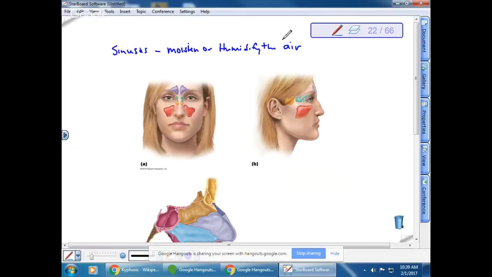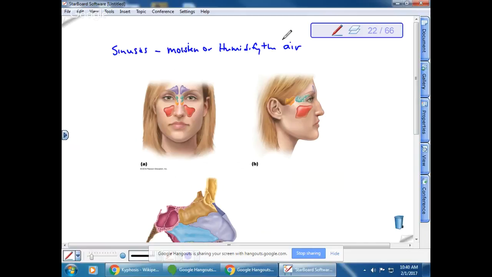When you think about being in a room with a wood stove and it's really dry heat, you get thirsty really quickly because you're losing a lot of water across the surface of your respiratory system. As you breathe out, you're breathing out water vapor. The reason for this is that our lungs have to be moist in order for gas exchange to take place. So in order for oxygen and CO2 to diffuse across the surface, we have to keep our lungs moist. So this is one of the functions of the sinuses.